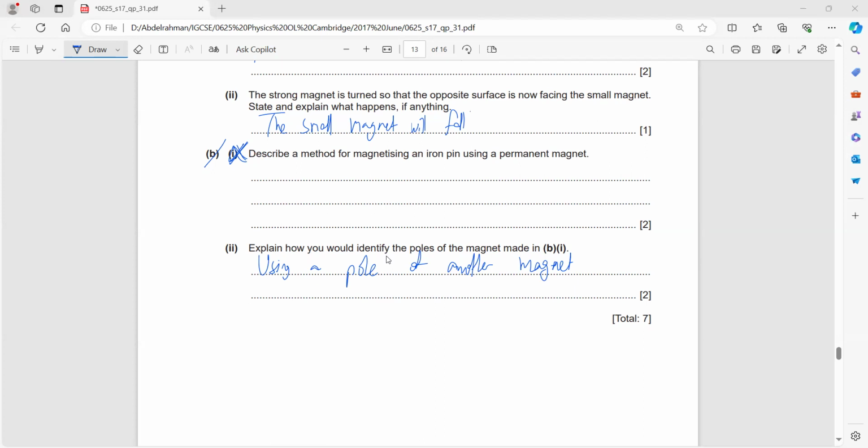If it repels, then you know it is a north pole. Opposites will attract and similar poles will repel.